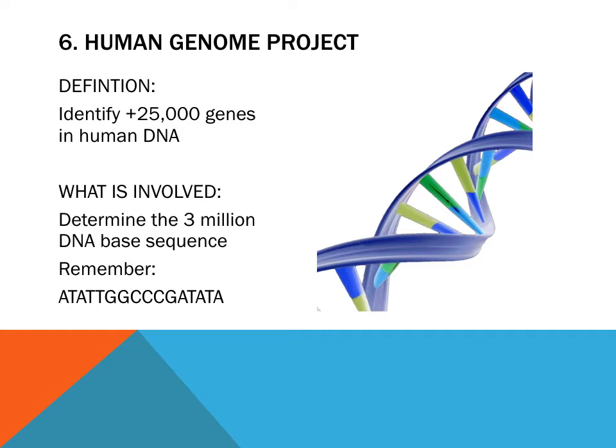And each one of us has 3 million of these letters lined up in each of our cells. And we're each individual, so that means that we have different combinations of these letters, A, T, G, and C, 3 million of them. So you can imagine how hard this project is and how long it would take.